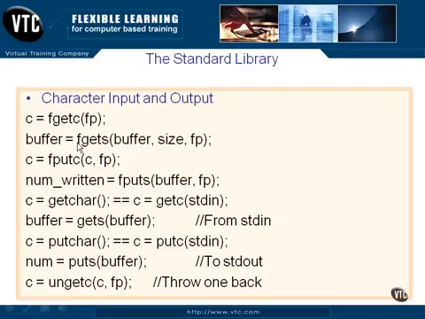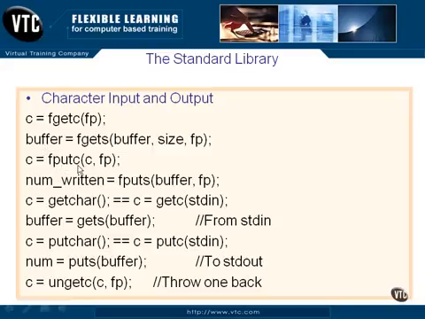Normal gets down here reads from the standard in. fgets uses a file pointer. So fgets reads a string from the file pointer and up to this size, puts it into buffer, and also returns a pointer to the same buffer. These addresses that we pass this one in and get the same thing back. It's just for some assignment capability.